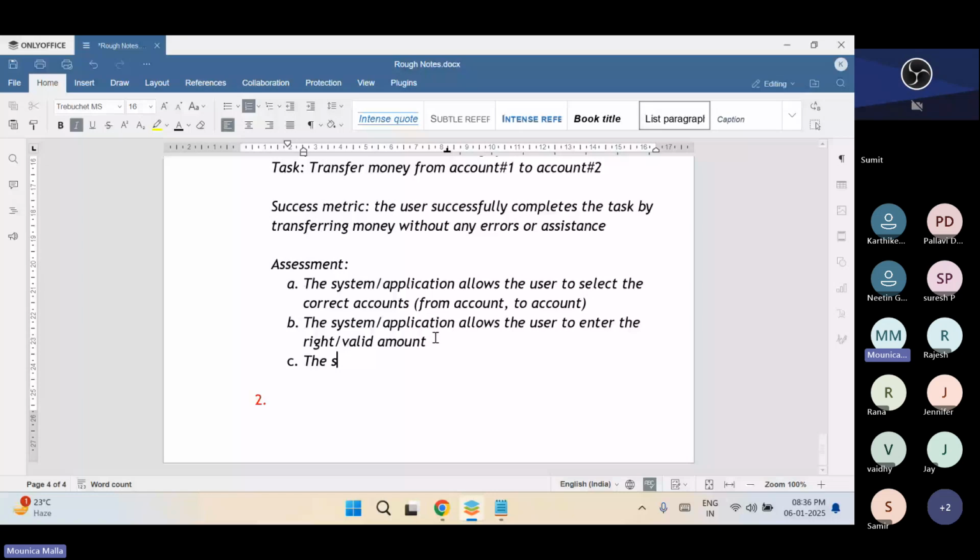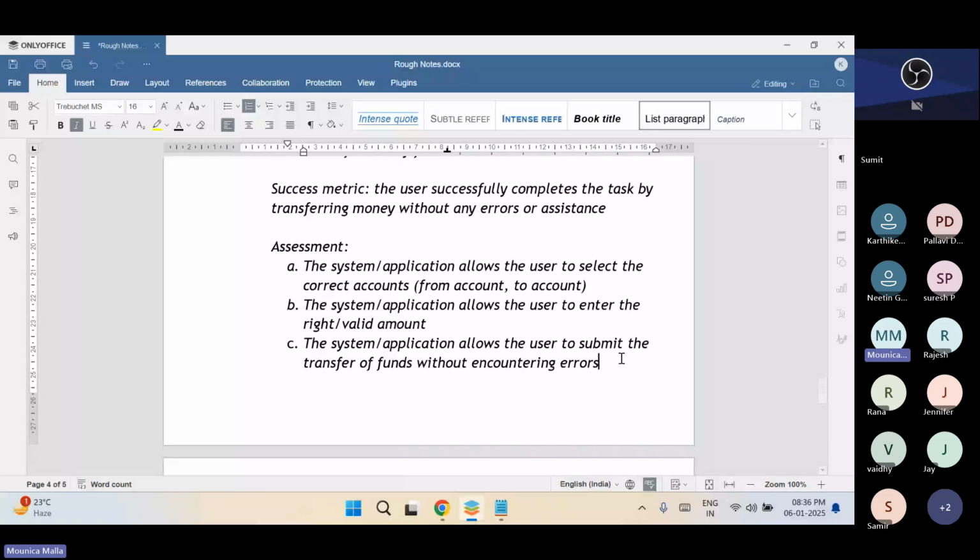Yeah, the third point is the system or application allows the user to submit the transfer of funds without encountering errors. Okay, so obviously the application should not throw any error.